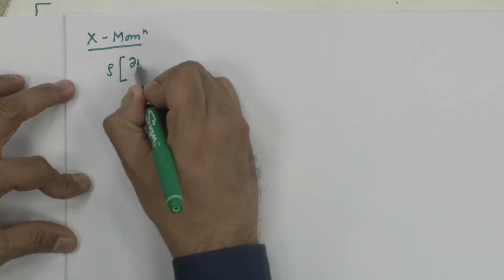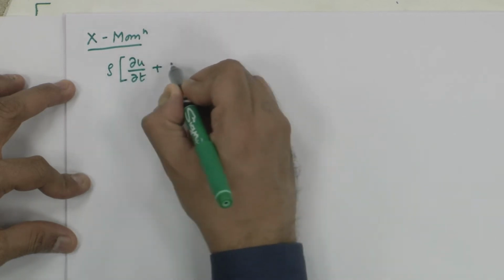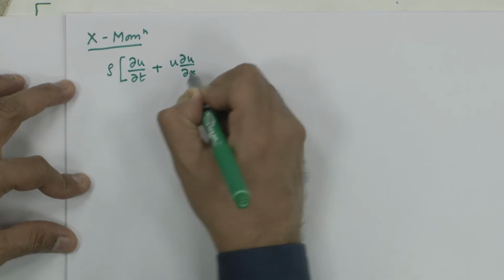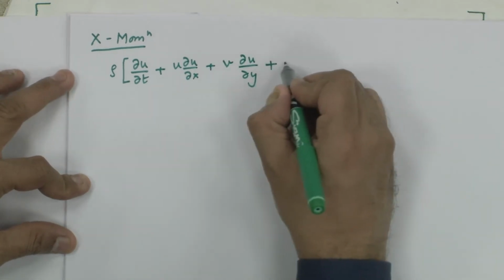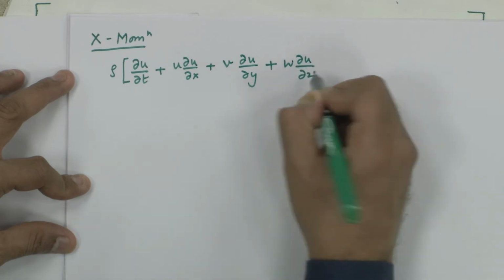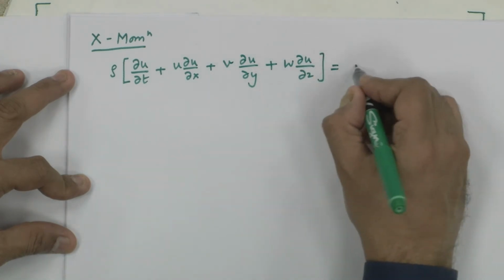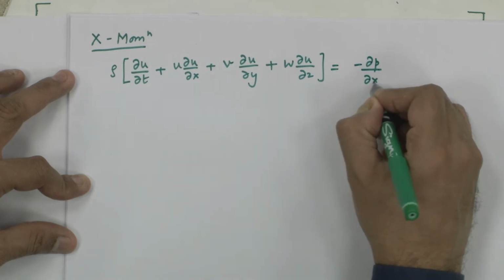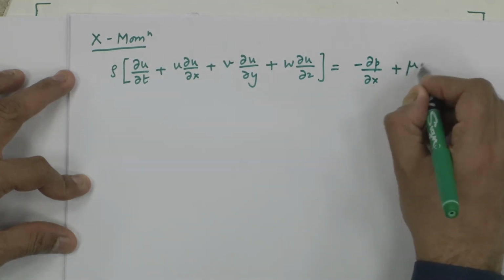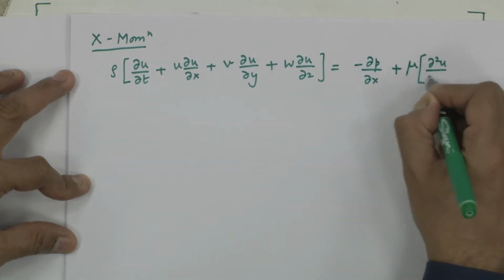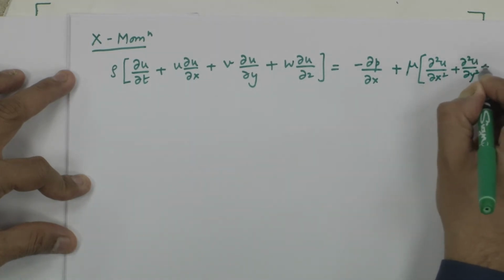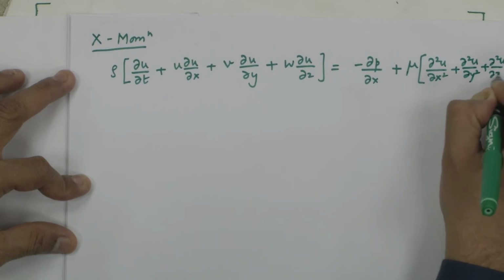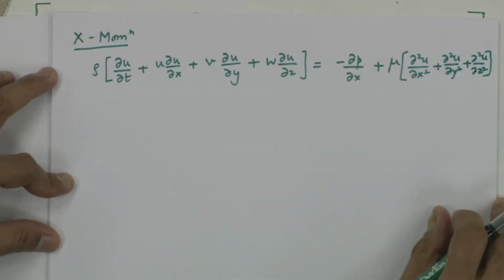Rho times du by dt plus u du by dx plus v du by dy plus w du by dz is equal to minus dp by dx plus mu times d squared u by dx squared plus d squared u by dy squared plus d squared u by dz squared. This is your governing equation.